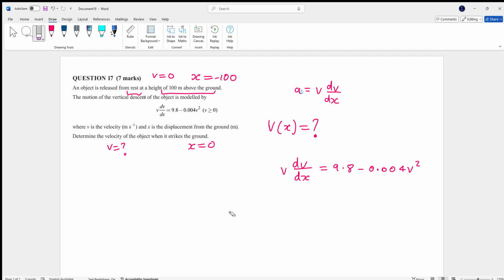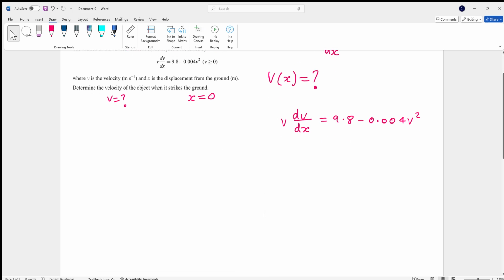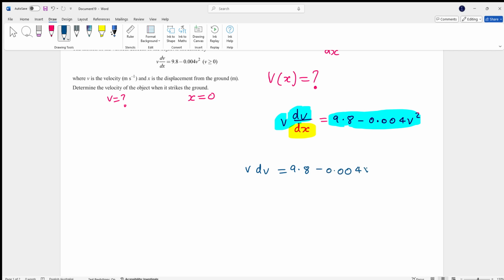First of all, let's recognize what is v's and what is x's. Everything in the blue should be all together. Those are all in terms of v, and then this is the only thing in terms of x. We have to separate them. So you would multiply both sides by dx. So you get v dv equals 9.8 minus 0.004 v squared times dx.